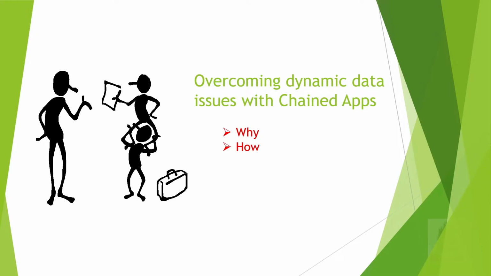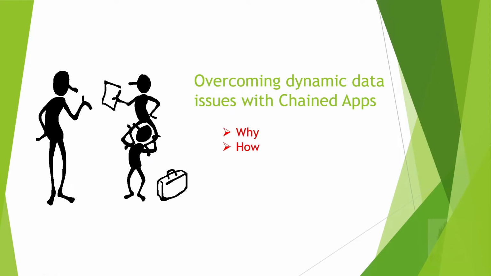And so to overcome this data issue, and it's really when you have data that changes and you need to see the most current data, that's the why. The how is then you actually need to chain applications, and we'll talk about the mechanics of chaining one application to another to overcome this little problem that you have with dynamic data.